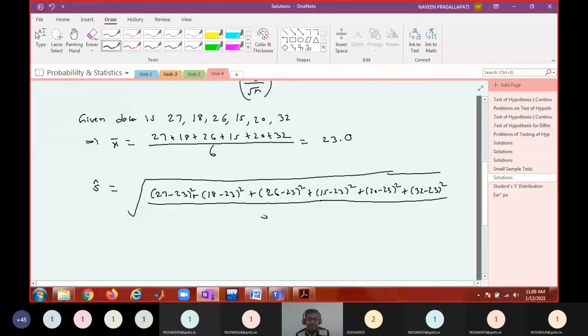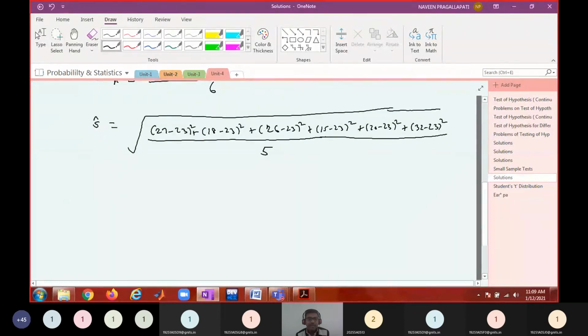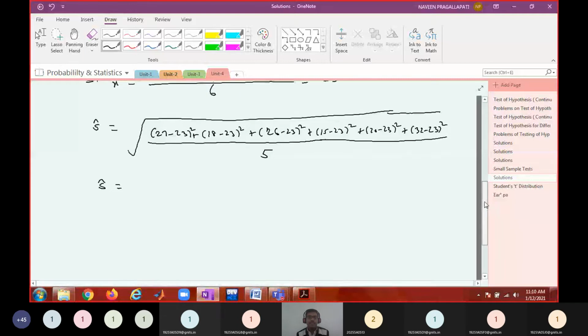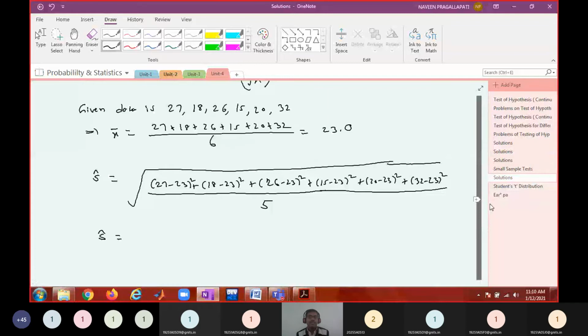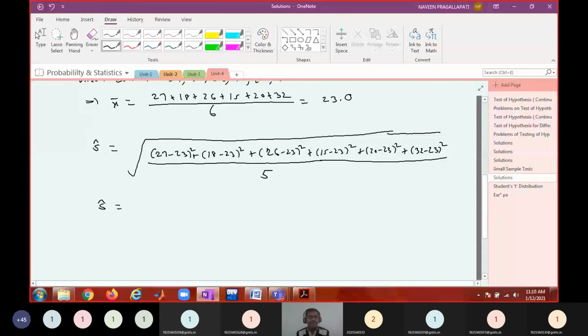So when you divide by 5, what is the s cap you got? 10.227, let's read it as 10.23.